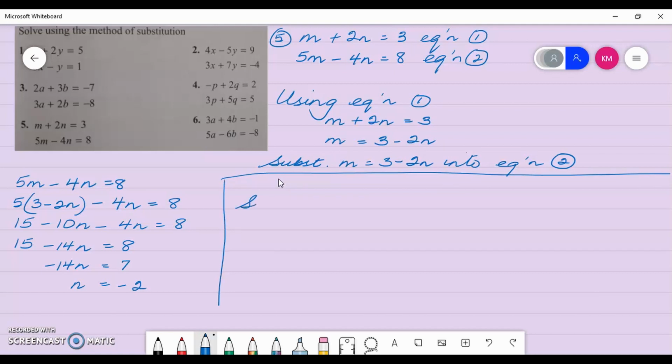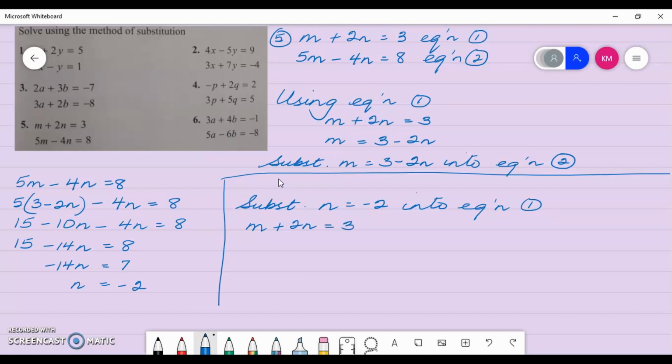So I'm going to substitute that value of n into any one of my equations. So I'm going to substitute it into equation 1. So I'm going to get m plus 2n equals 3. That's equation 1.